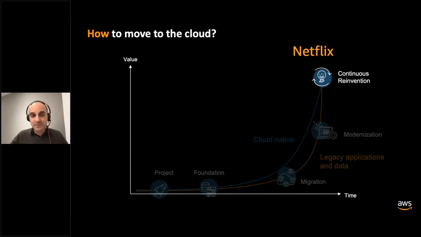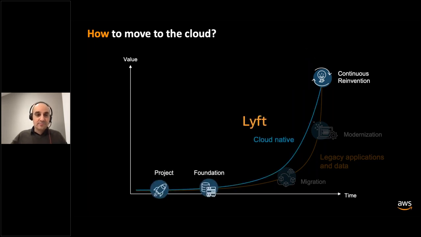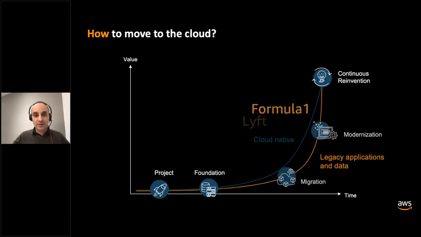That is the example of Netflix that everyone knows from video streaming. We have companies, startups usually, that go through the cloud native route. So Lyft is a ride sharing startup. They start in the cloud, they progress in the cloud, and everything they do is completely 100% on the cloud.